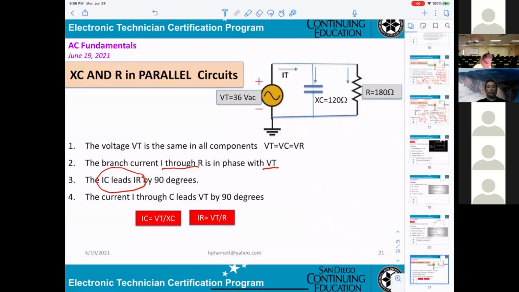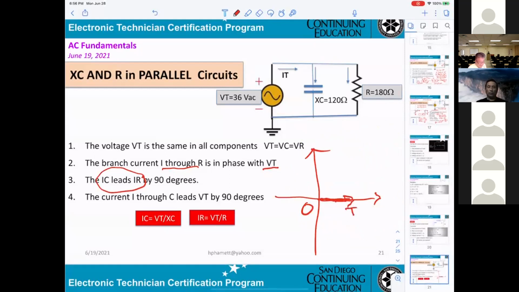Now, you can try to understand when we draw the vector here. That's 0, and normally they draw IR or VR this way, at no degrees.